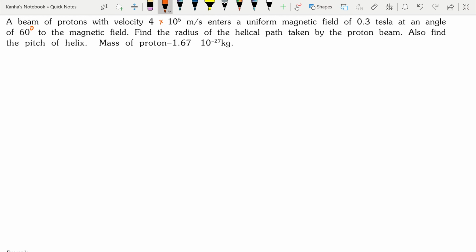Now we know that in this kind of motion, my radius of the helix is given by r is equal to mv sine theta divided by qB. Okay, I can just substitute the values.